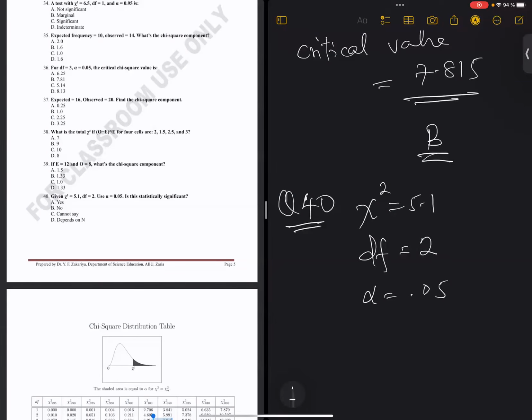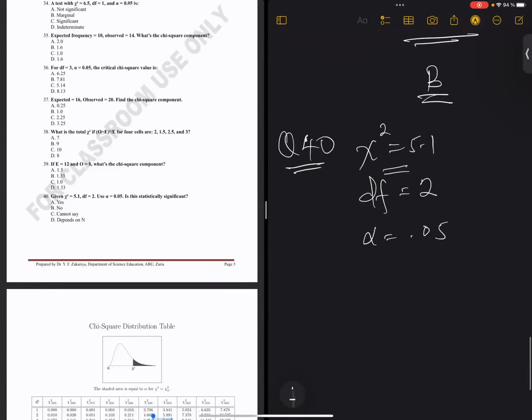For us to know whether it's statistically significant or not, we need the chi-square critical value. You get it now? Because we don't have the p-value with us. So we need the chi-square critical value, and to do that, we need to read the table again.